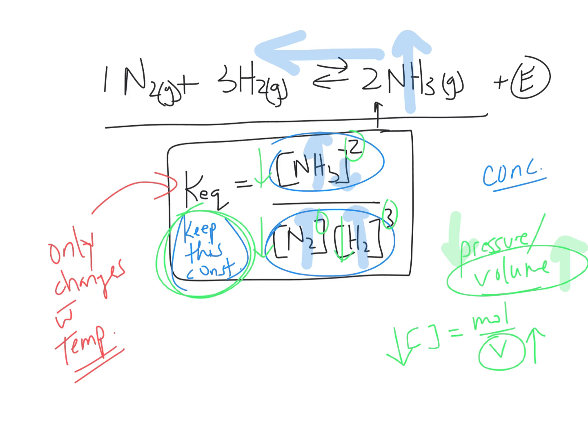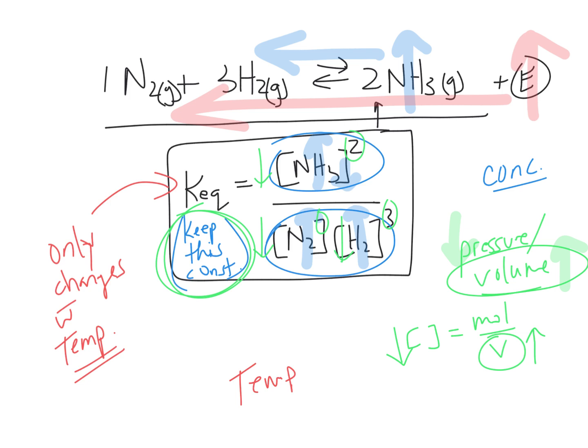Where things would be entirely different is if we changed temperature. Let's say for the temperature factor, we increase temperature. If we increase temperature, it's like increasing the energy. Now the whole thing is going to shift to the left, because it's going to try and use up some of that heat, that thermal energy, we added.